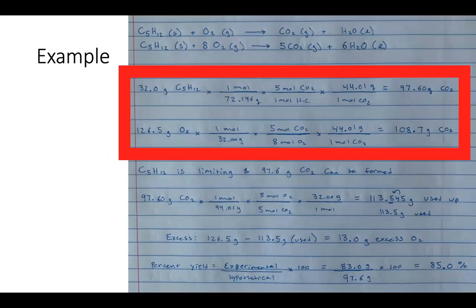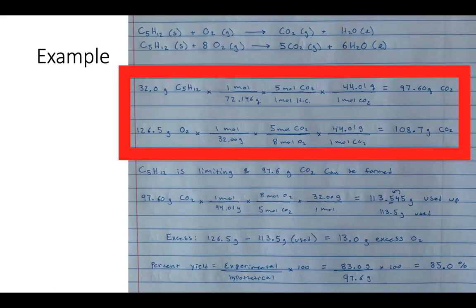I start with 32 grams of my hydrocarbon and convert that to moles of hydrocarbon. From my balanced chemical equation, it takes 1 mole of HC, which just means hydrocarbon, to make 5 moles of CO2. And basically I find that from 32 grams of my hydrocarbon, I can form 97.6 grams of carbon dioxide.